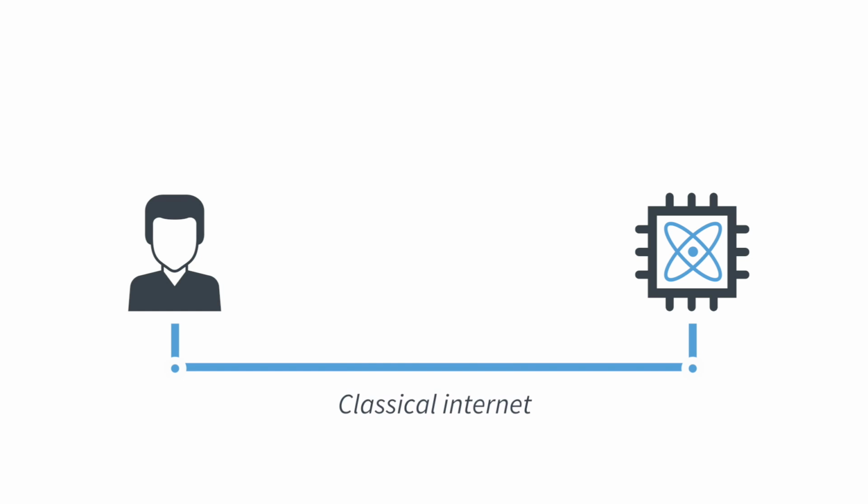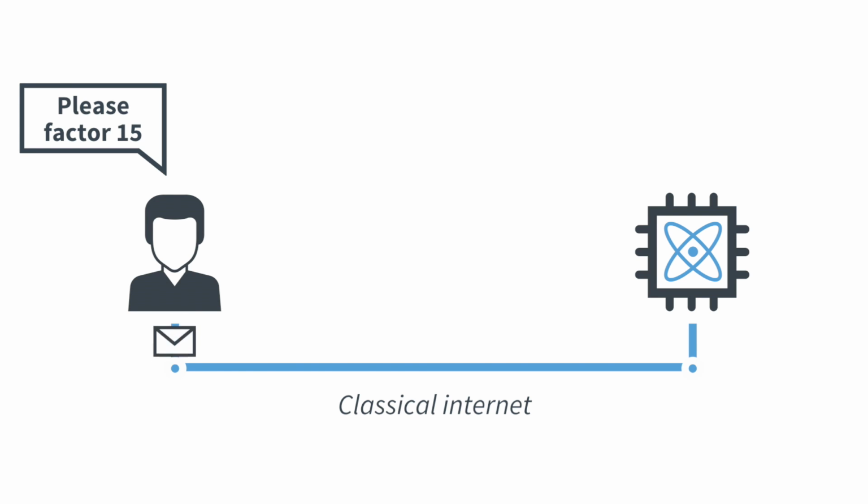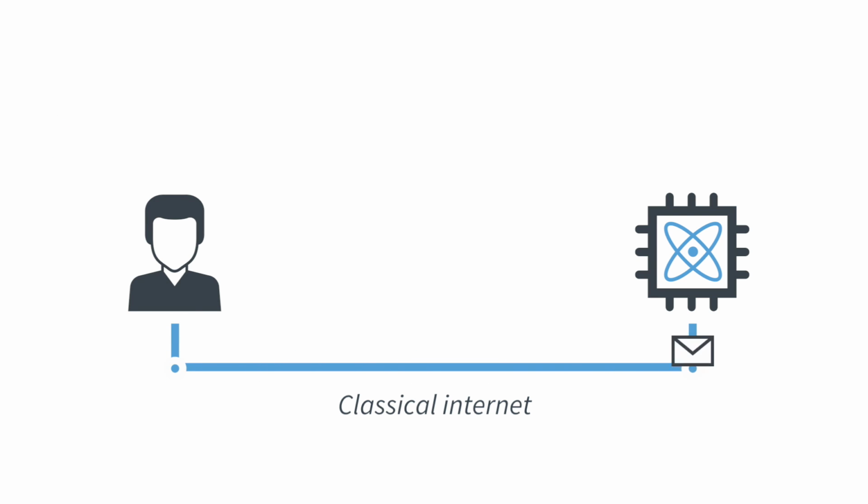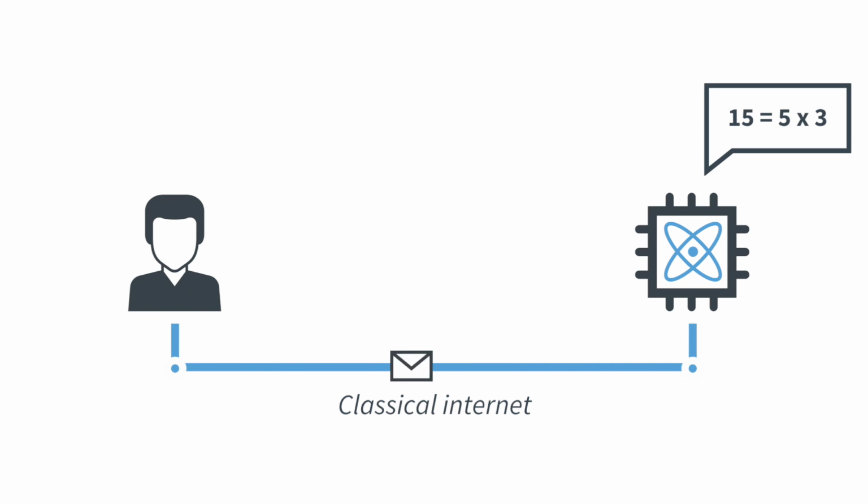Now you might imagine that you want to use the big quantum computer far away to factor a number. And to do that, you actually send a message over the classical internet saying, "Can you please factor this number for me?" For example, you might say, "Please factor 15." And the quantum computer would send a message back saying, "15 is 5 times 3."